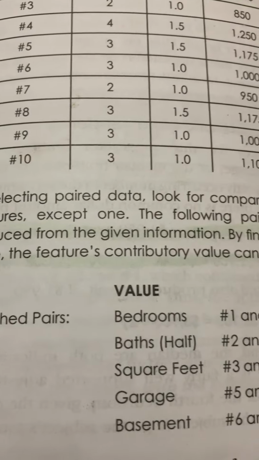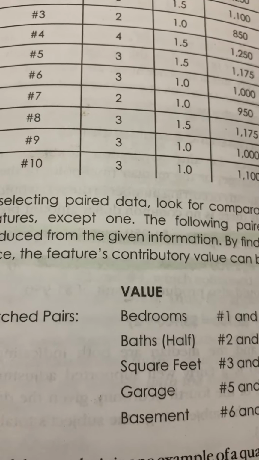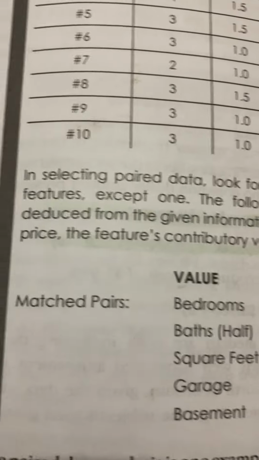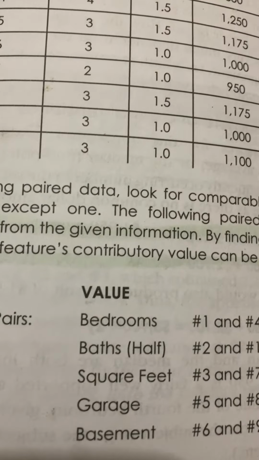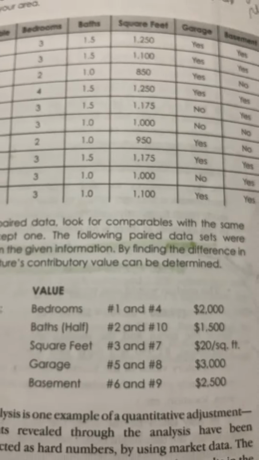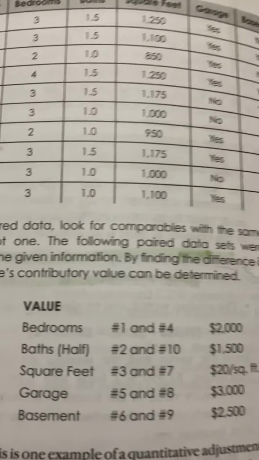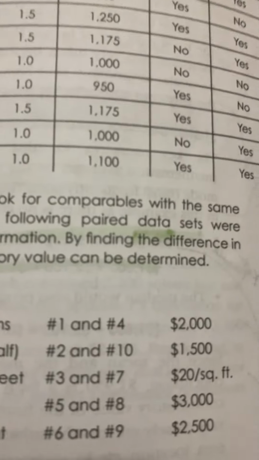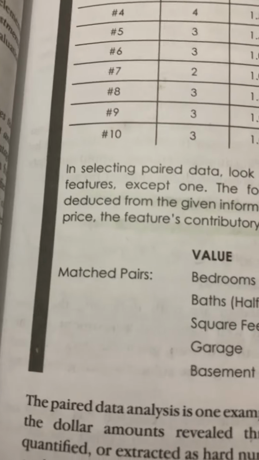In selecting paired data, look for comparables with the same features except one. The following paired data sets were deduced from the given information. By finding the difference in price, the feature's contributory value can be determined.